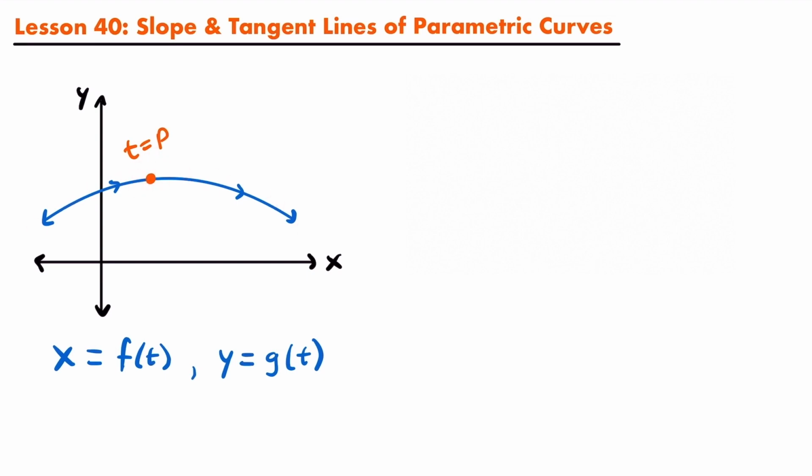Well, remember that the derivative is the slope at a point on a function or along a curve. And so if we want to find the value of the slope at that point for this value of t, we just need to find the derivative of this plane curve, meaning the parametric derivative for these parametric equations.